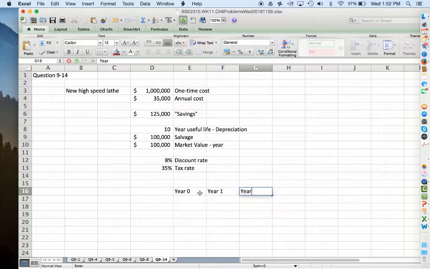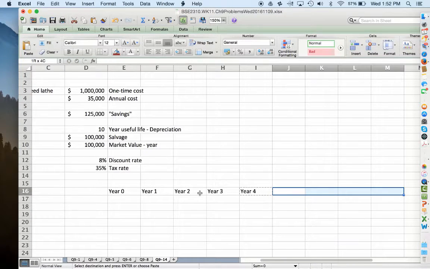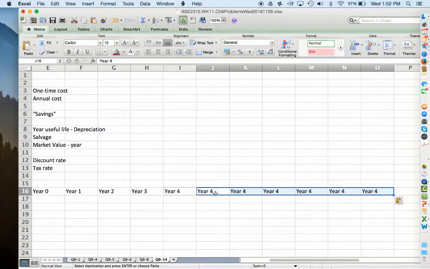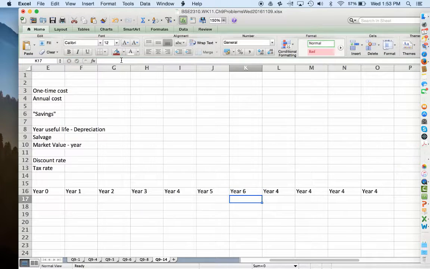And if I'm fancy, I'll just do this, and then I'll replace the 4s. Eight, 9, and 10.